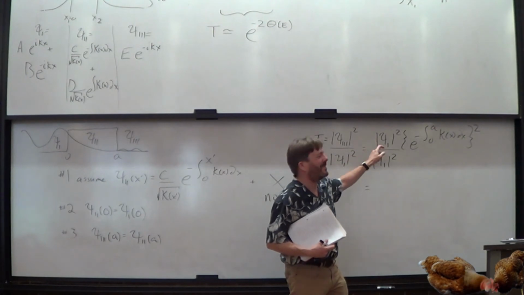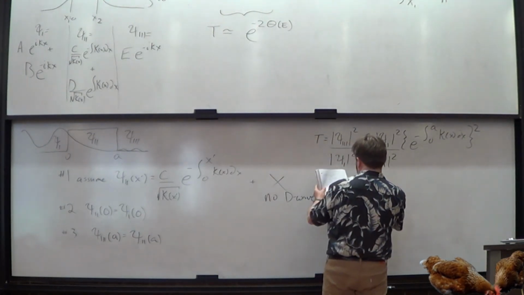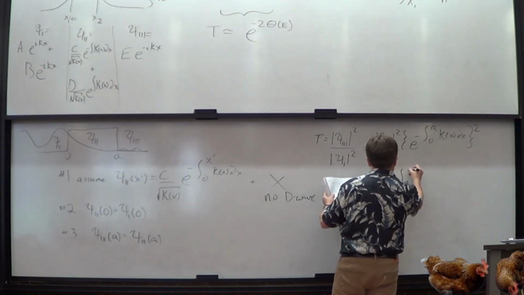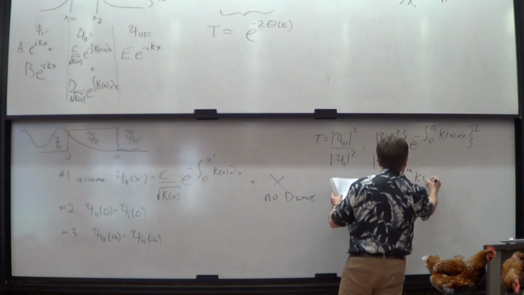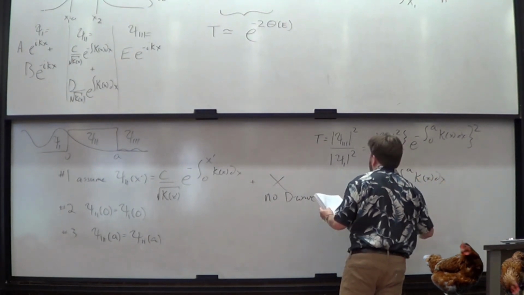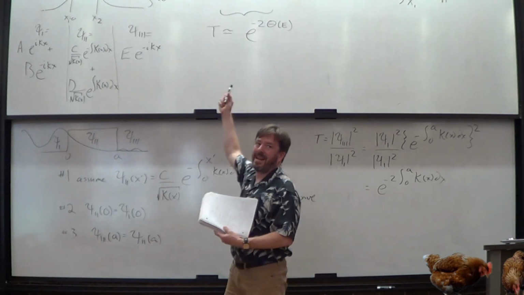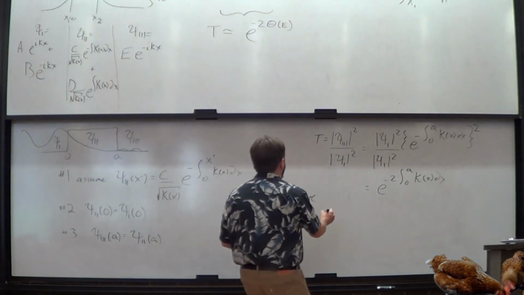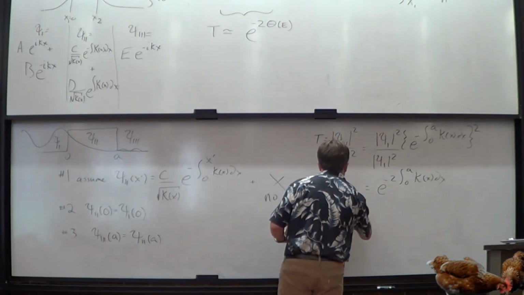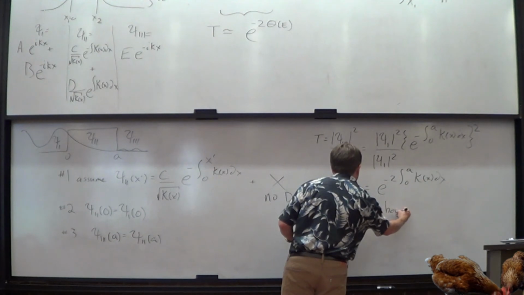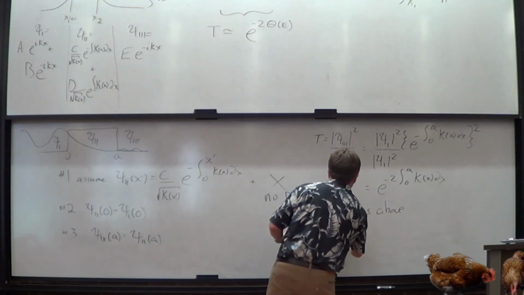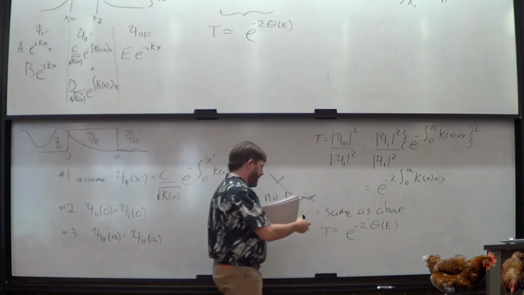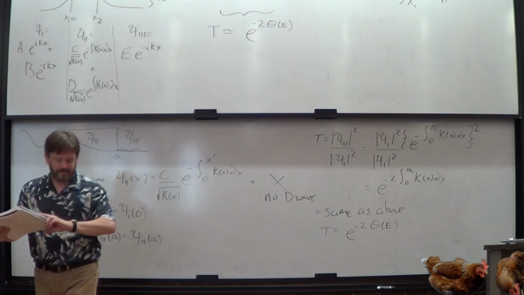This ends up being e to the minus 2 integral from 0 to a of kappa x dx, which is the exact same thing as that right there. Same as above. T is e to the minus 2. And again, I'm using the language I found on the internet because it's familiar.